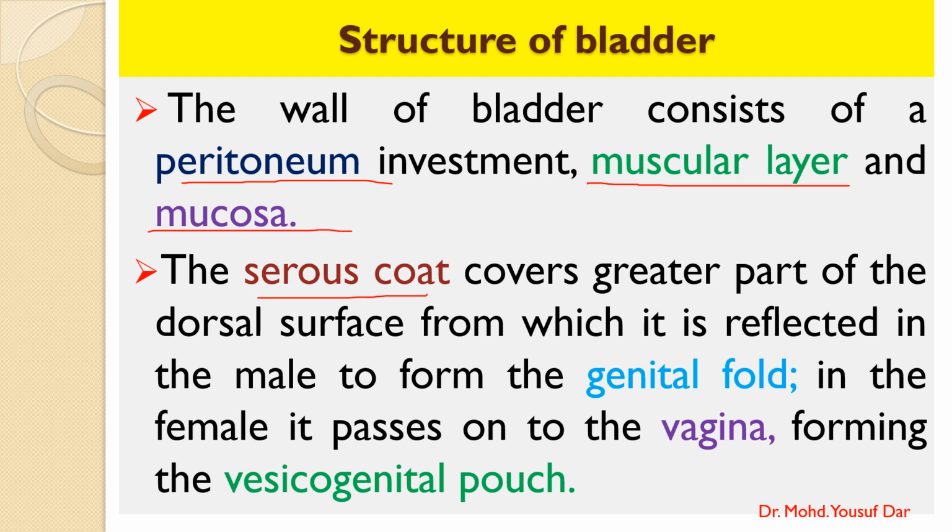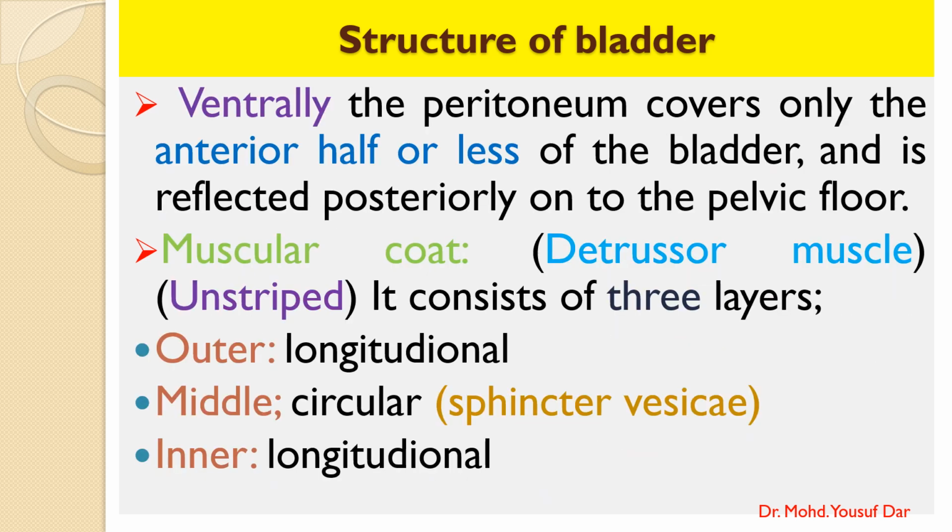The serous coat covers the greater part of the dorsal surface, from which it is reflected in the male to form the genital fold, and in the female it passes on to the vagina and forms the vesicogenital pouch. And ventrally the peritoneum covers only the anterior half or less of the urinary bladder and it gets reflected on the floor of the pelvis.